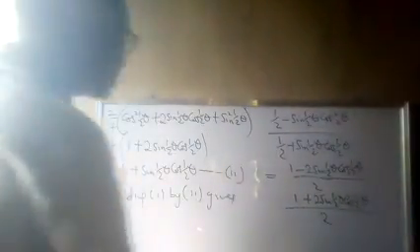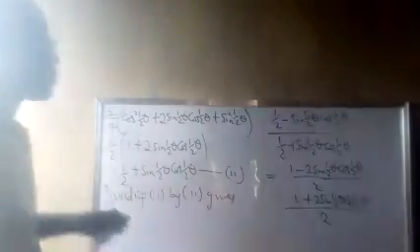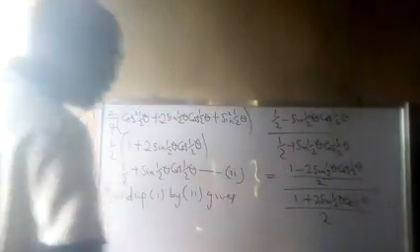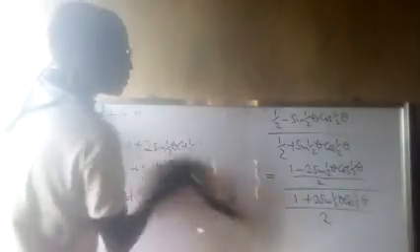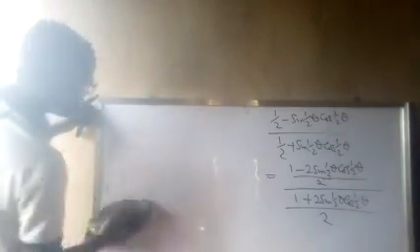Then the denominator, the LCM here is also 2, that's 1 plus 2 sine half theta cos half theta, all over 2. So when we divide them, the 2 will disappear. I hope you understand.